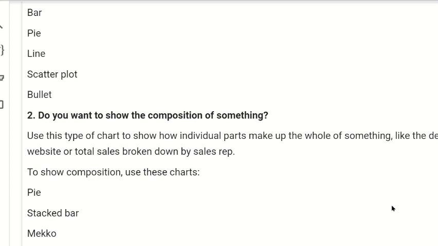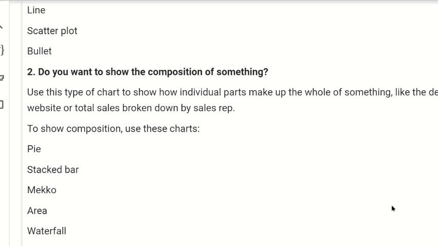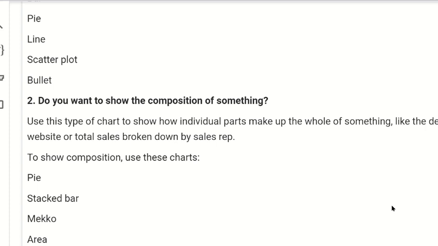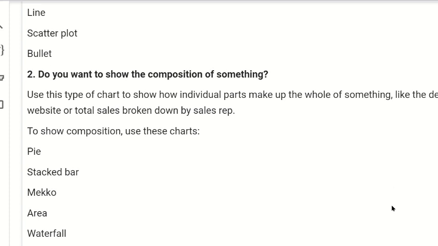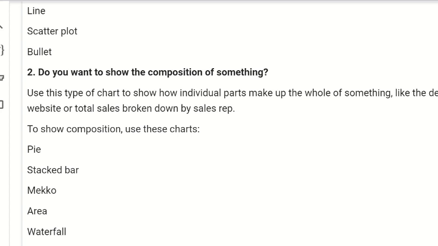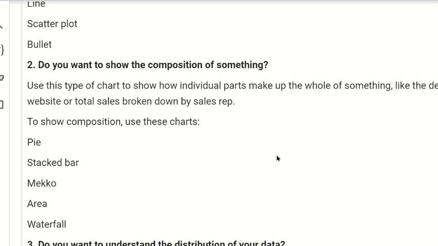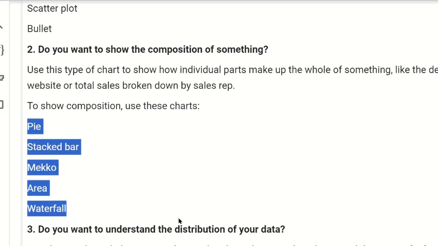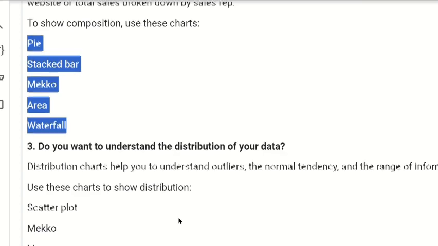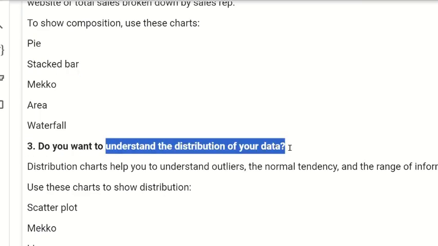Like, okay, I think a mixture, like a grouping of data. So we can use all these charts: pie chart, stacked bar, Mekko, area, and waterfall.